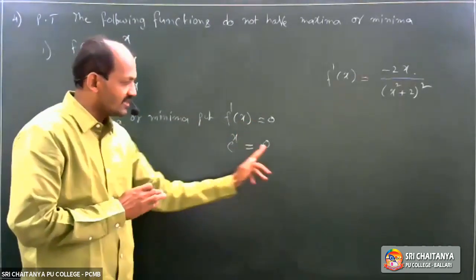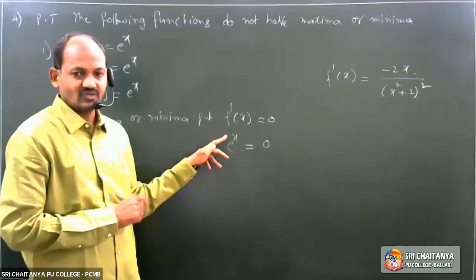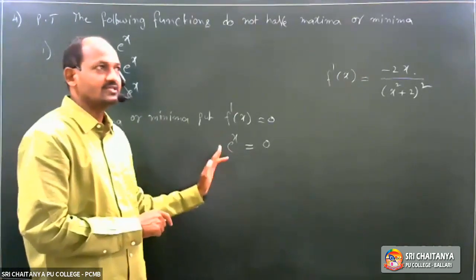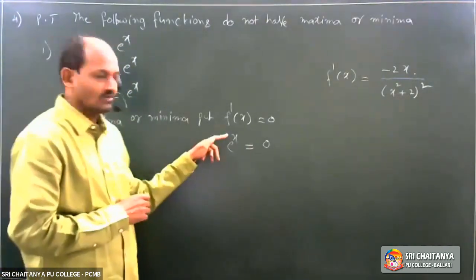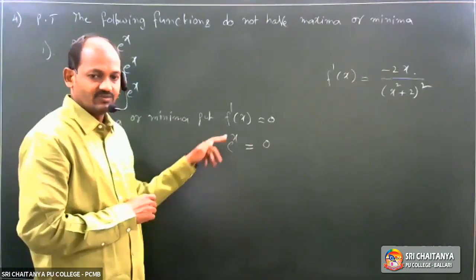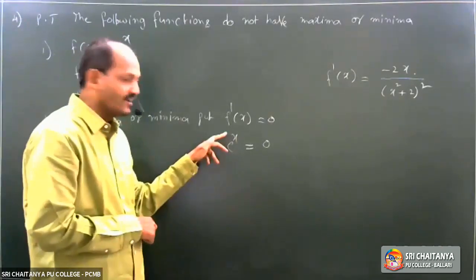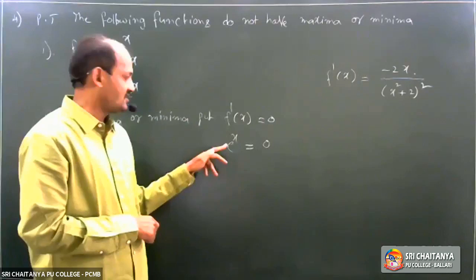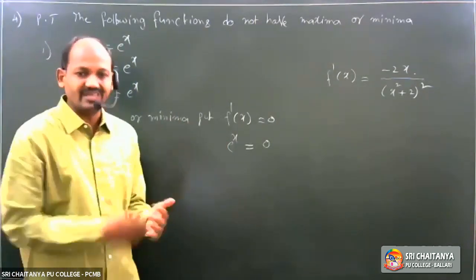Consider e power x equal to 0. For any value of x, this is not possible. In case x equal to 0, e power 0 value is 1, which is not equal to 0. Or negative values: for example, x equal to minus 1, e power minus 1 is 1 by e, not equal to 0.